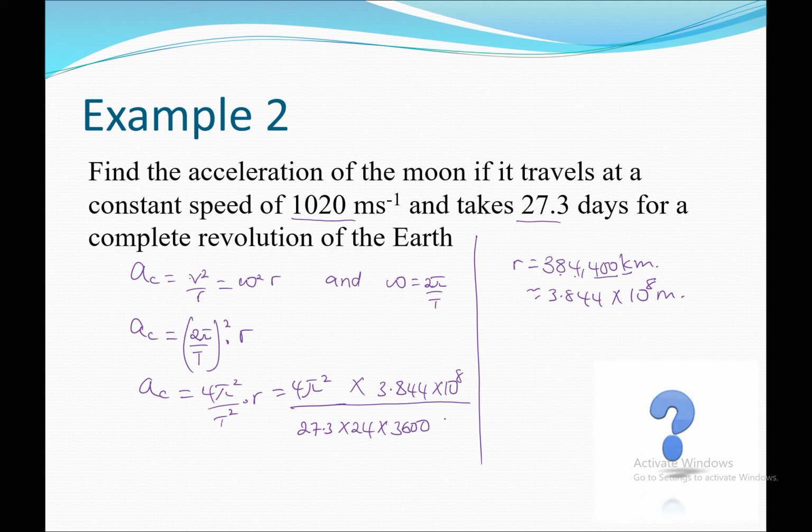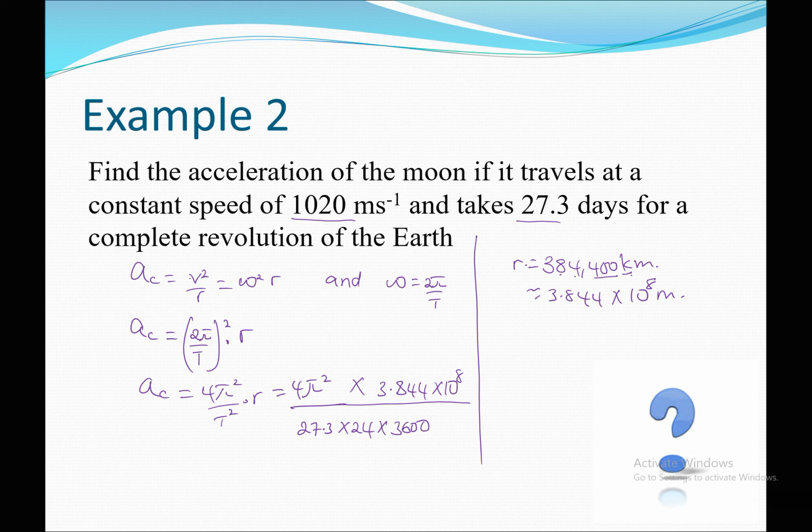4 pi squared times 3.844 exponent 8, divide by 27.3 times 24 times 3,600.